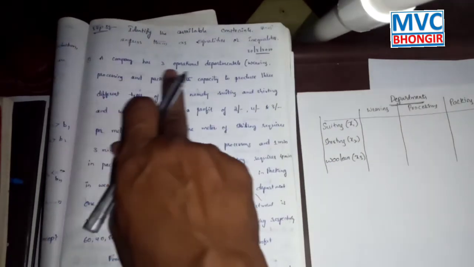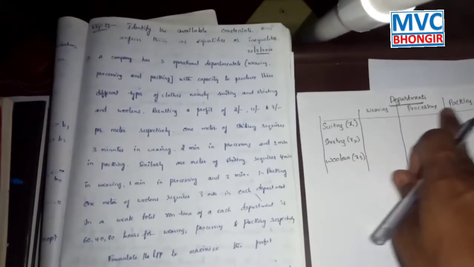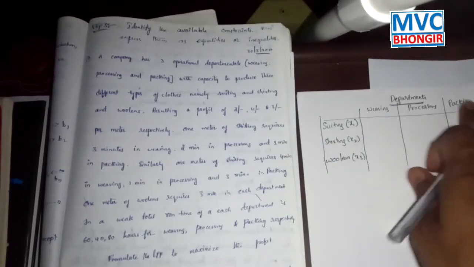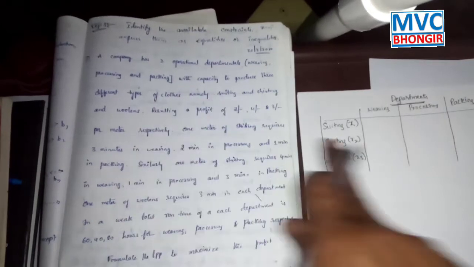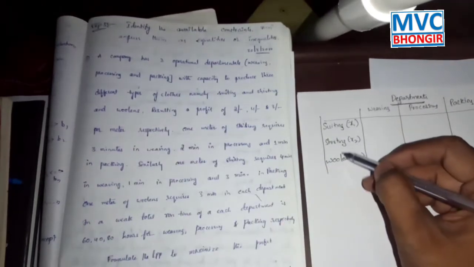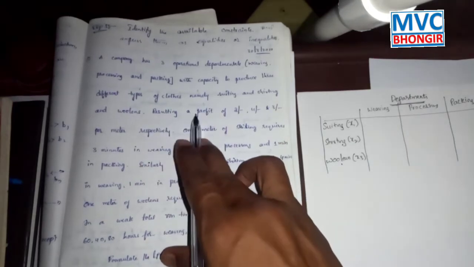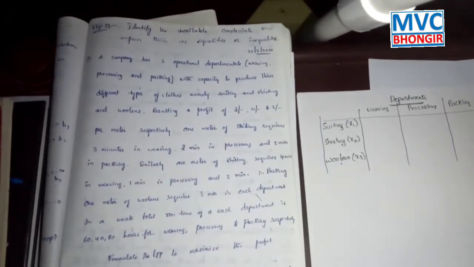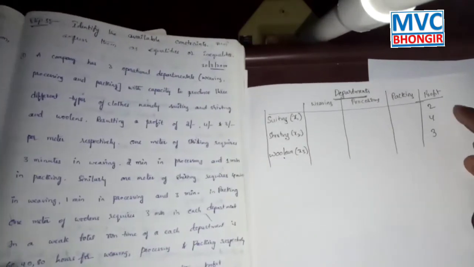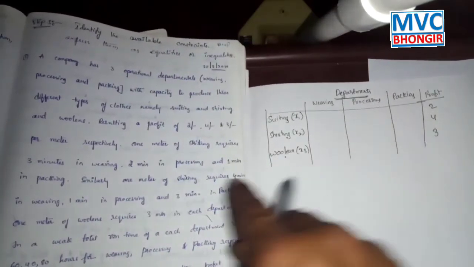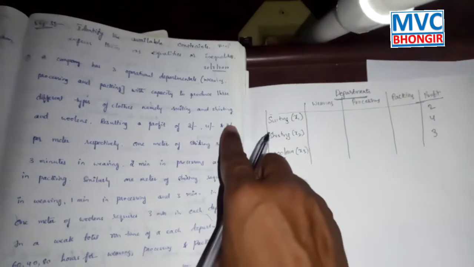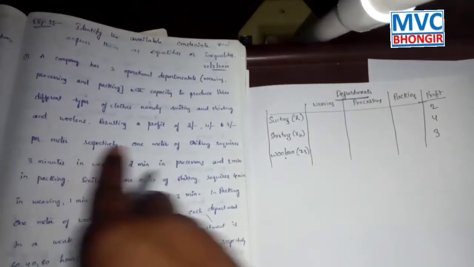See here, a company has 3 operational departments: weaving, processing and packing, and it produces 3 types of cloths: suiting, shirting and woolens. It results a profit of rupees 2, 4 and 3 per meter respectively.